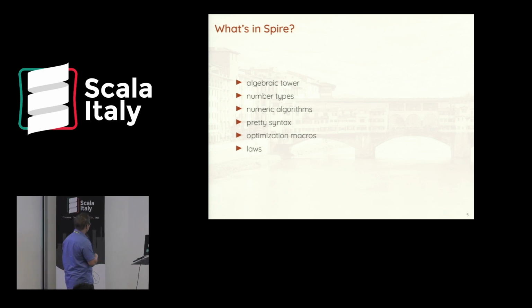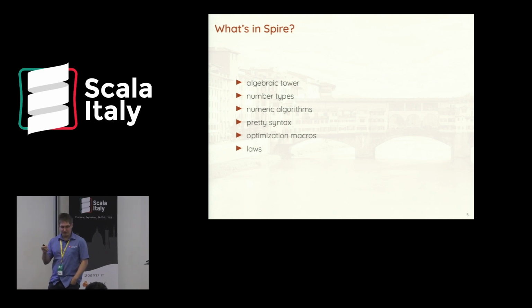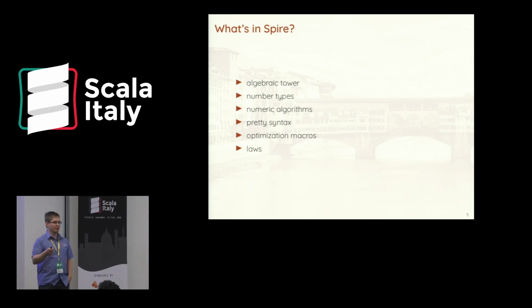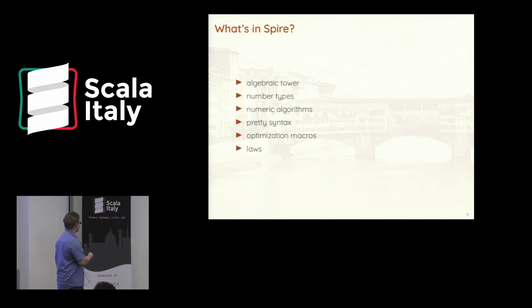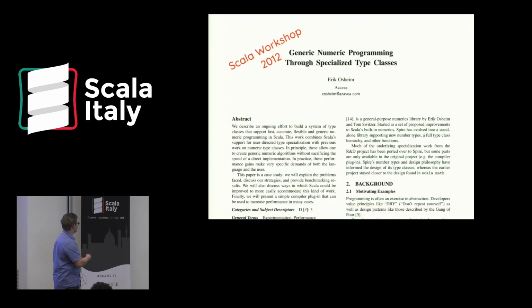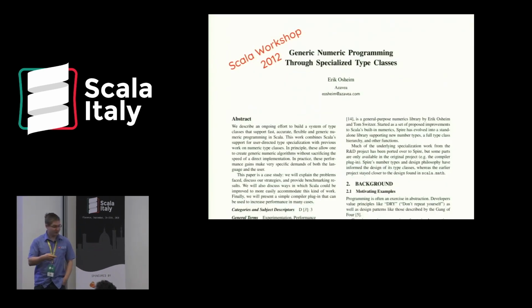And optimization macros. This is one thing that I'm not going to go into detail on here, but suffice to say, if you feel like you need to write a C-style for loop with a counter, then Spire has macros to allow you to do that and to make it fast. And also, the most important thing, laws. As you saw, it's academic, so it's completely legit.